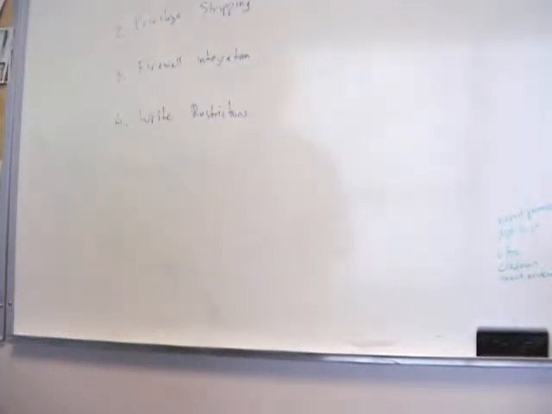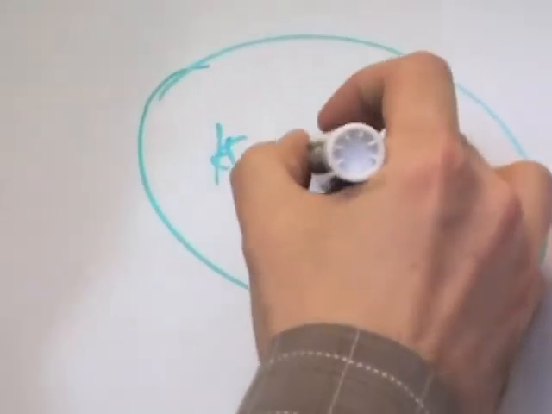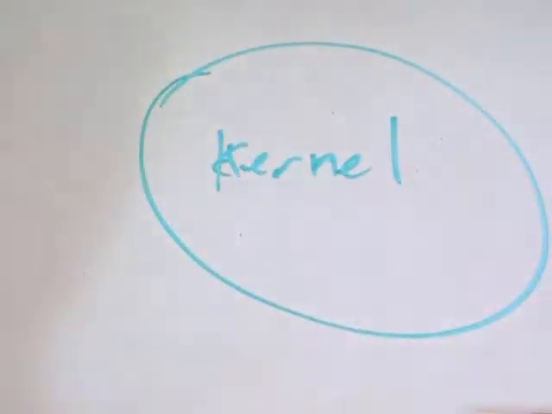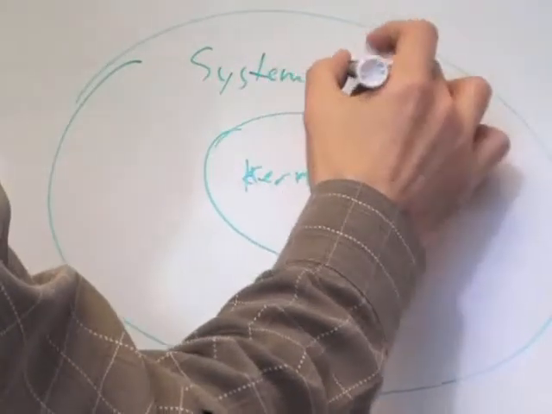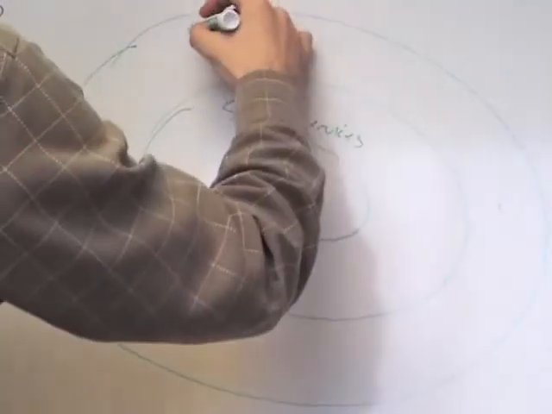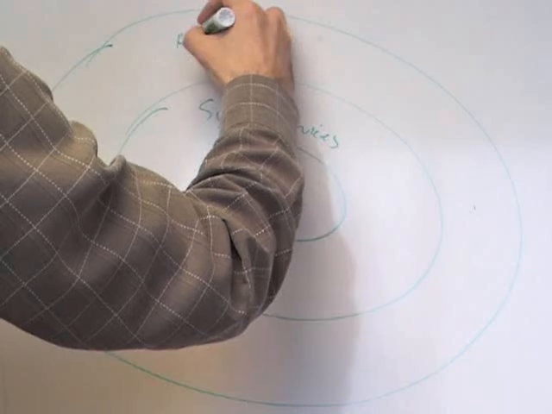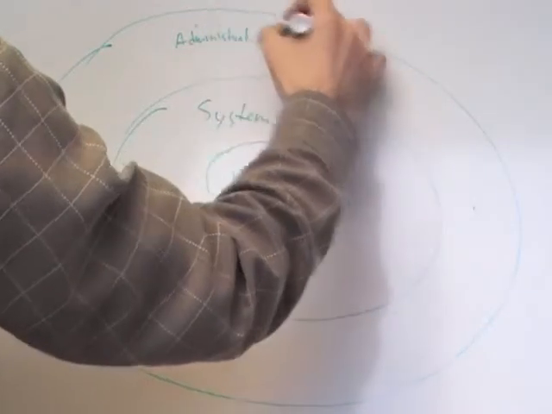Yeah, so when I think about that onion that I referred to earlier, I'll just kind of draw the onion. At least this is how I think about it. So you've got the kernel here. You've got system services. And then you've got maybe administrative programs.